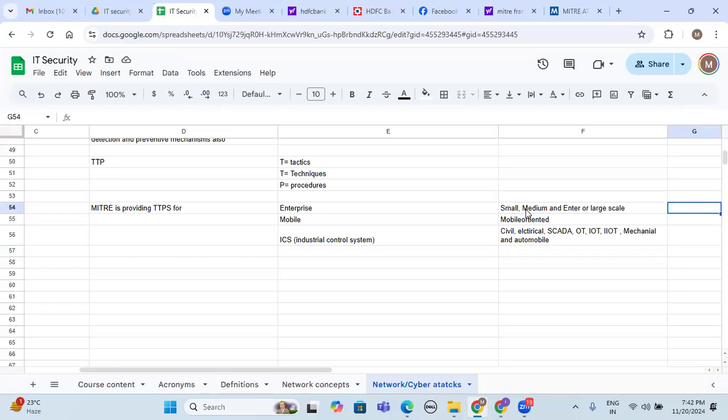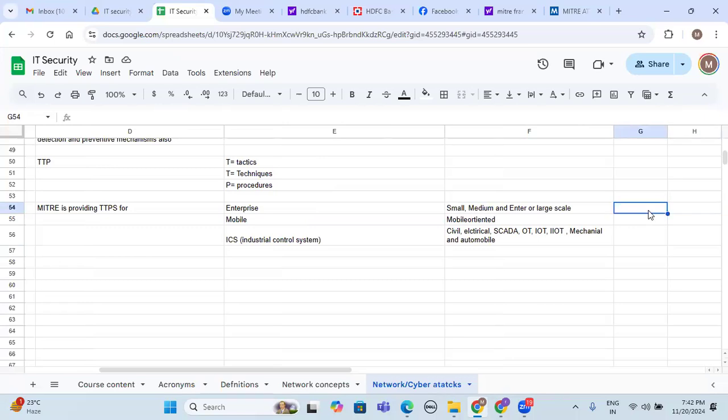Once again, what is meant by small scale industry? In small scale industry, the employees existing are from 0 to 1000. That is called a small scale industry, like startup companies. Second one is medium scale industry, 1000 to 10,000 users existing. Those companies we can call medium scale industries.